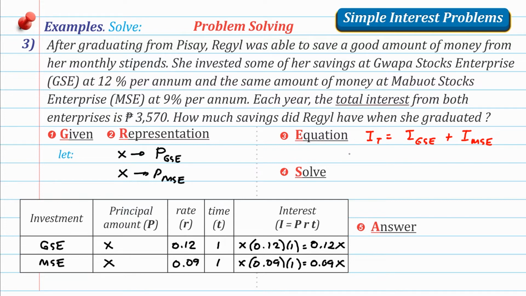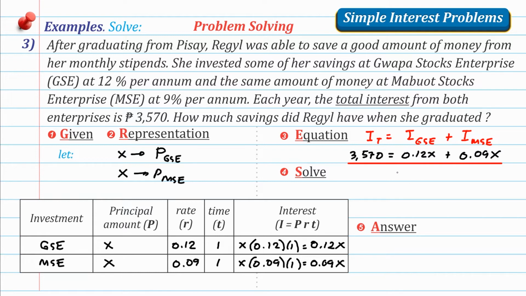So substituting, the total interest should be 3,570. Now, substituting, ano yung kita niya sa GSE? This cell. So, substituting, we have 0.12x. Plus, magkano yung kita niya sa MSE? This one. So, substituting, it's 0.09x. Now, that means this is our working equation.